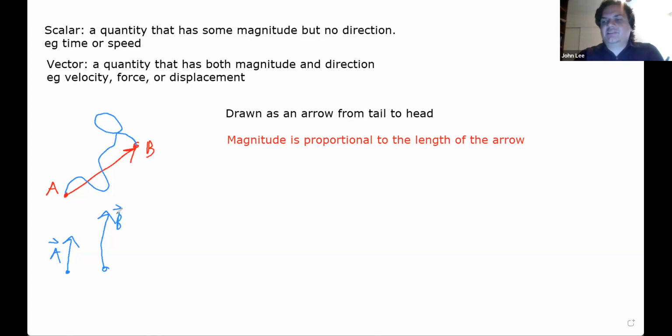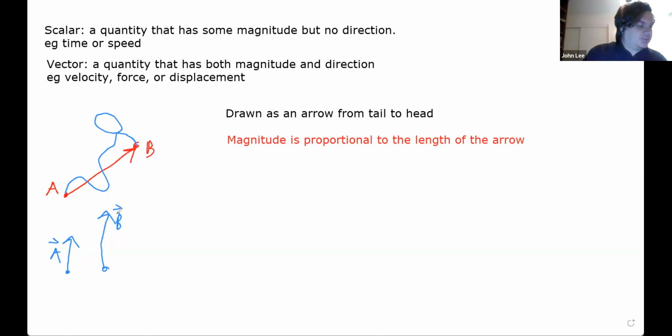So if we don't know the magnitude immediately, then we can just draw some arrows and use that as our vectors. But if we do know the magnitude, then it is good practice to draw them proportional to the length of the arrow.